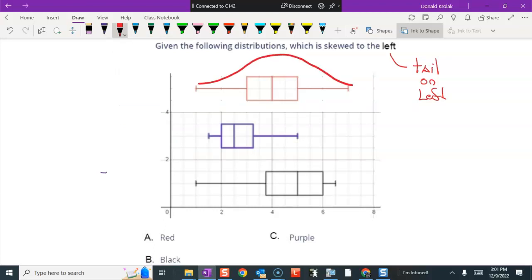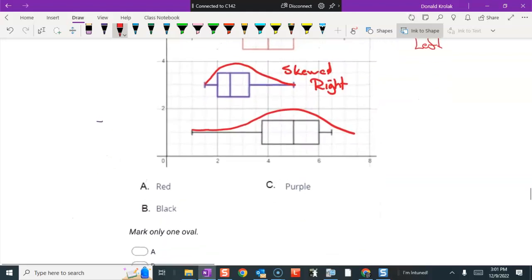The second one, your tail is longer to the right, so this one would be skewed right. And the one that we're looking for, it's got its tail left. So this would be our choice for representing a distribution that is skewed left.